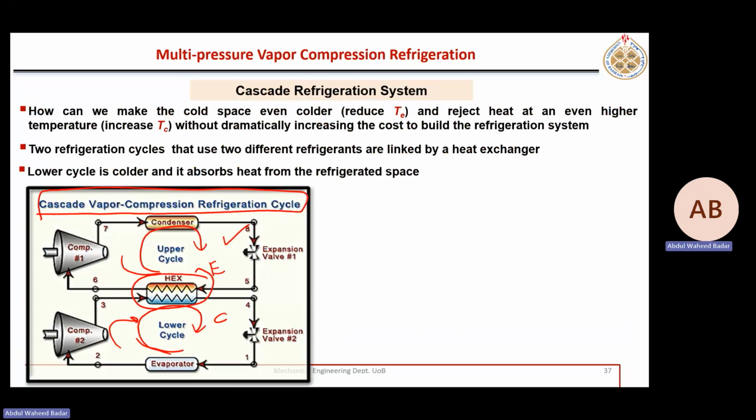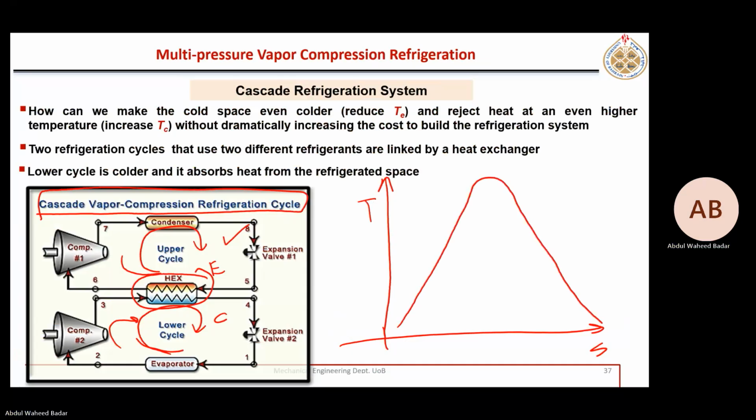It's TS or pH. Okay, let's draw. Let me draw TS first. For the lower one, 1 to 2 is evaporation. Now he's showing like this. We were showing like this, so he's showing like this.